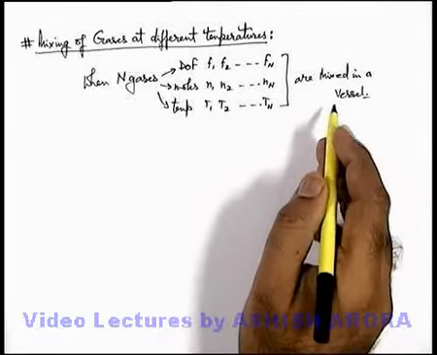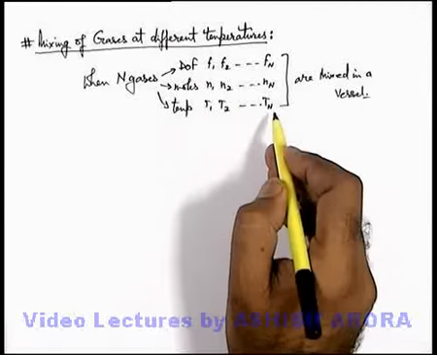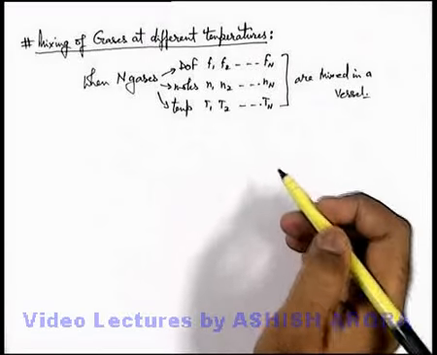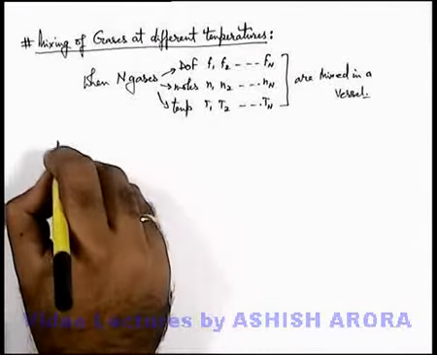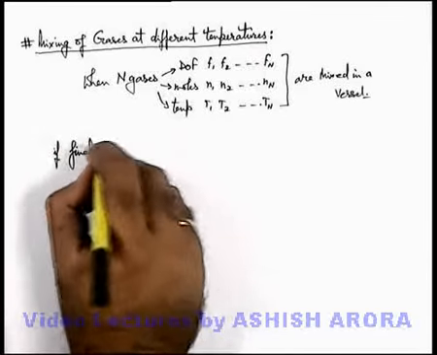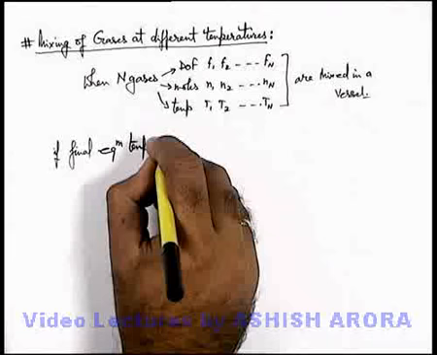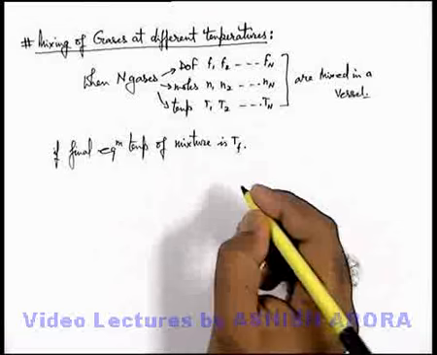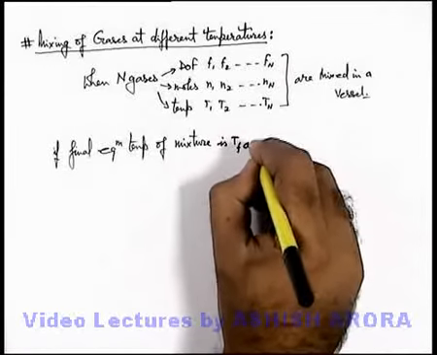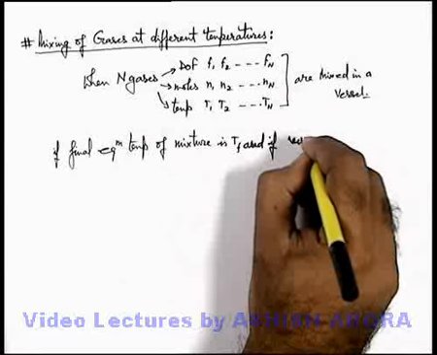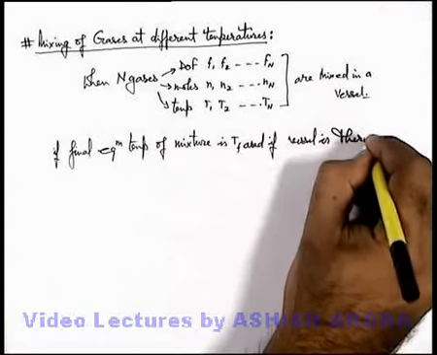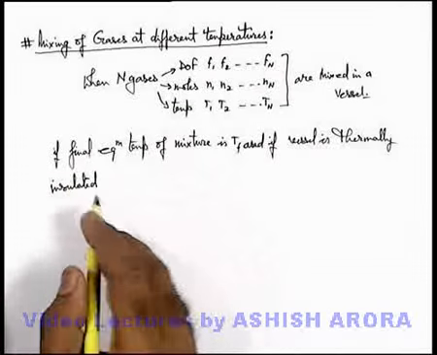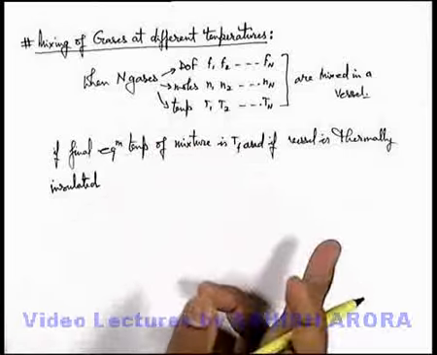So if these n gases are mixed, we can state finally, after mixing, the final equilibrium temperature will change and all the gases will finally be in thermal equilibrium at the equilibrium temperature. If final equilibrium temperature of mixture is Tf, and we also assume that vessel is thermally insulated, that means no heat exchange takes place between the gases and the surrounding.